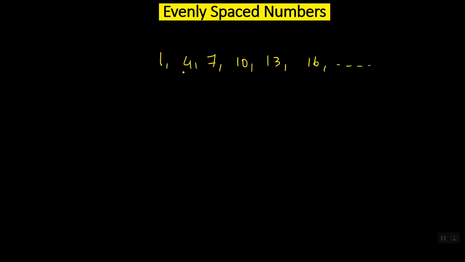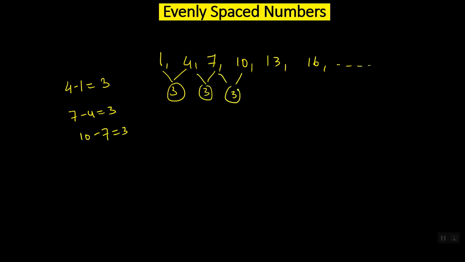If you take the difference between the higher and the lower number, every time the difference is fixed. 4 minus 1 is 3, 7 minus 4 is 3, 10 minus 7 is 3. So the difference is fixed in this pattern.